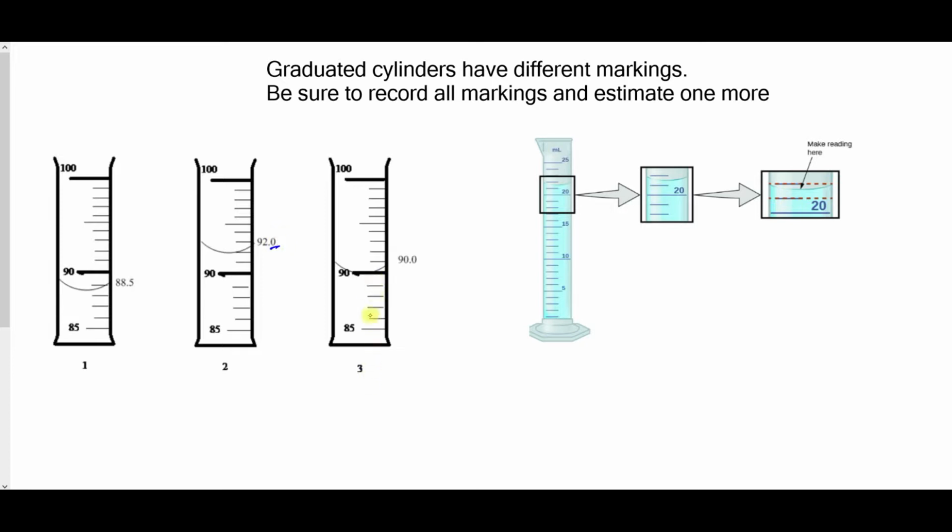We can do the same thing here. We're at 90, so we know the tens place is the 9, the ones place is the 0, and it appears to be exactly on the line, so the estimated value in the tenths is a 0. We have another one here.